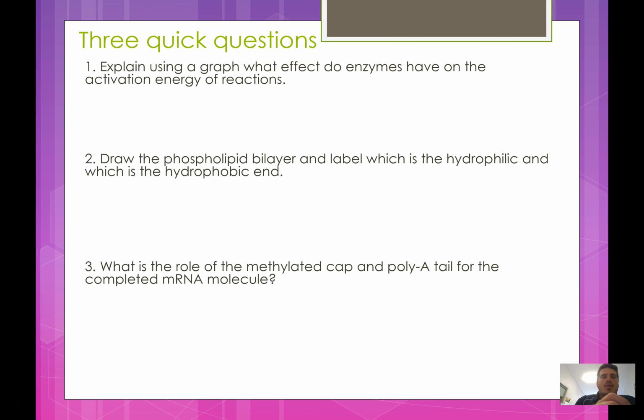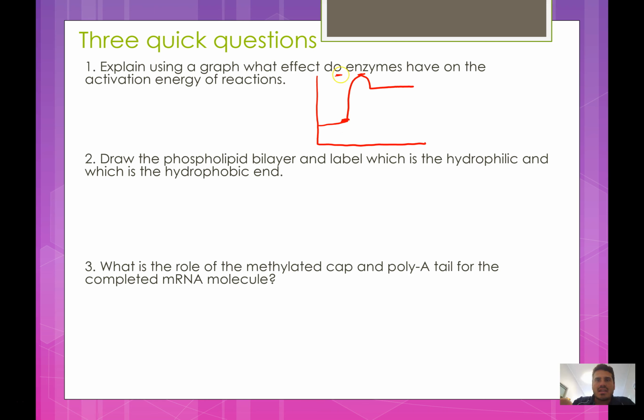All right, so hopefully for this first one, it says, explain using a graph what effect do enzymes have on the activation energy of reactions. We're going to look at that famous graph, which sort of looks like this, right? So we have a reaction here, and hopefully you can see that the activation energy of the reaction is from up here all the way down to here, right?